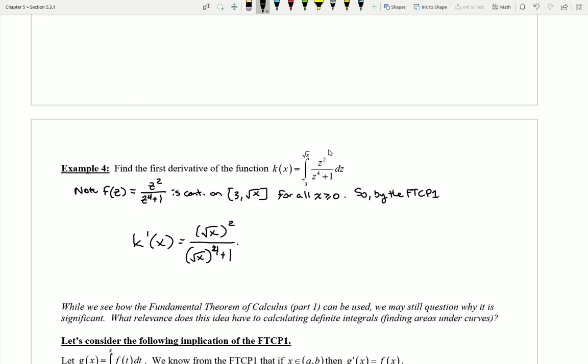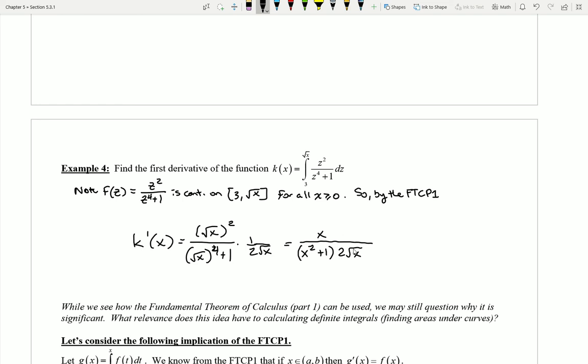Was it just an x? No, it was not. So I have to follow up with a chain rule, which would be 1 over 2 square root x, the derivative of that radical. So if I was to simplify this a little bit, you can see that I'm going to end up here with just my value of x, my value of x squared plus 1 in the denominator, and then if I wanted to, I could multiply that 2 over root x down there as well.